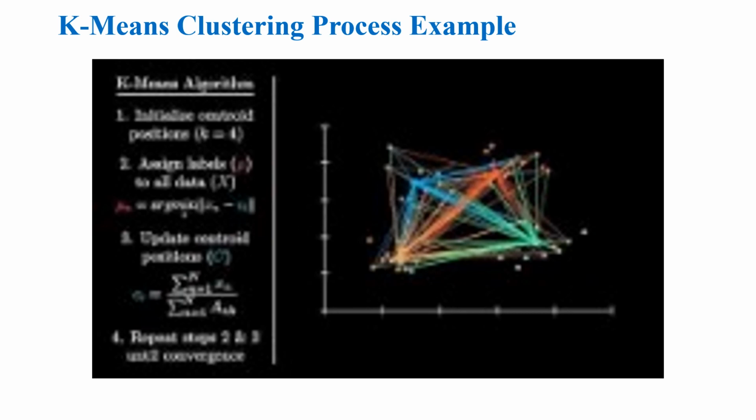And now it's repeating the process, and you want to do that until you get the same result twice. So it's going to continue to run. And you can see the new centroids. And you're going to repeat steps 2 and 3 until you have convergence. And the centroids just moved again.